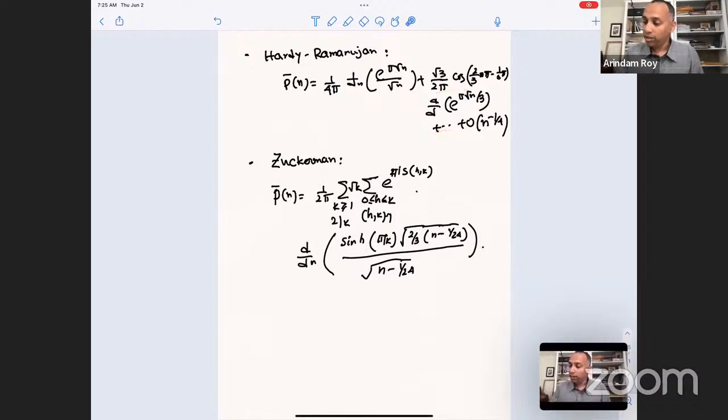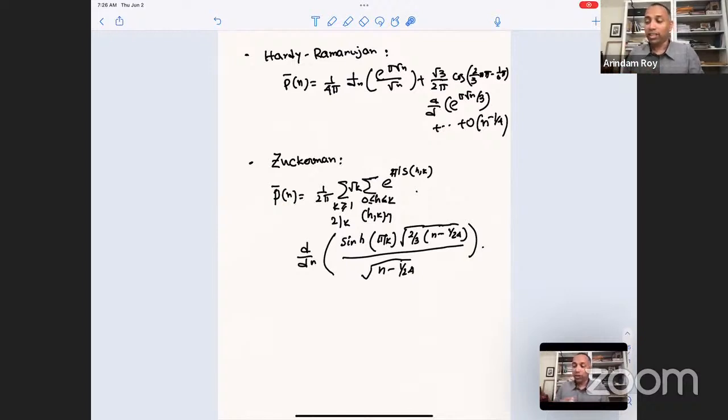This is not enough for the study of hyperbolicity, but later on Zuckerman gave a more precise asymptotic, like a Rademacher type. Whenever I say Rademacher type, you have very fine-tuned error terms, and that allows us to study the hyperbolicity of degree 2 and degree 3 Jensen polynomials for overpartitions.